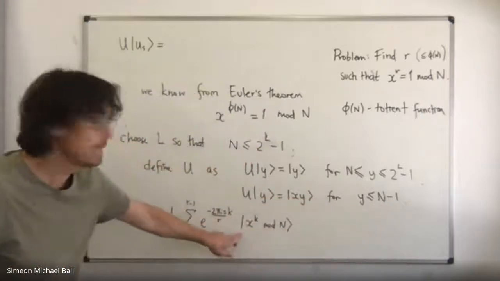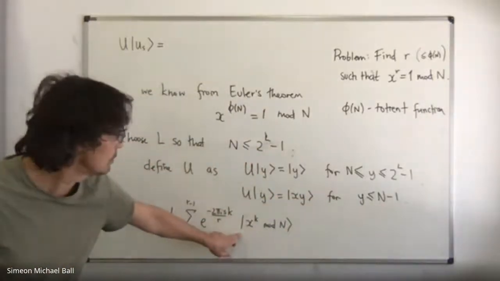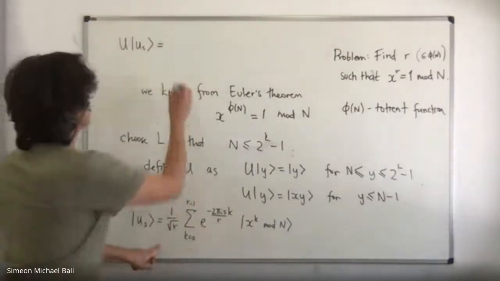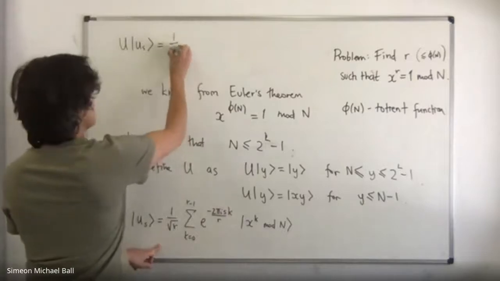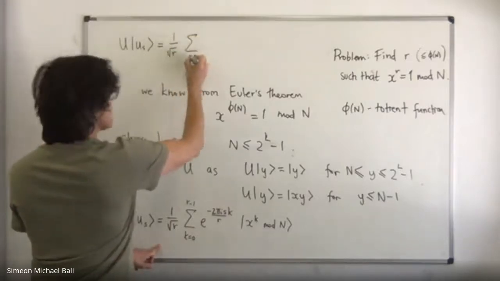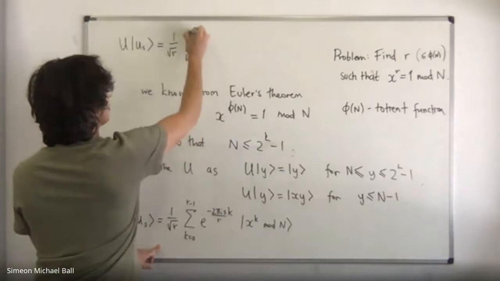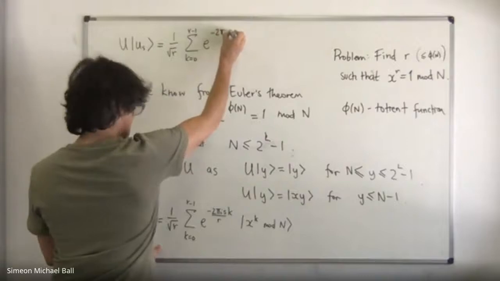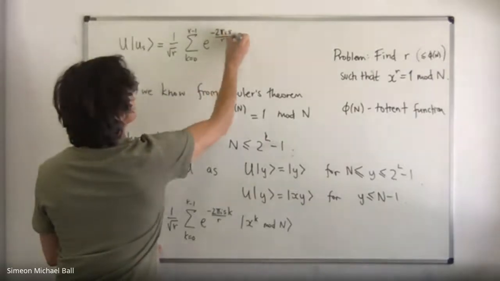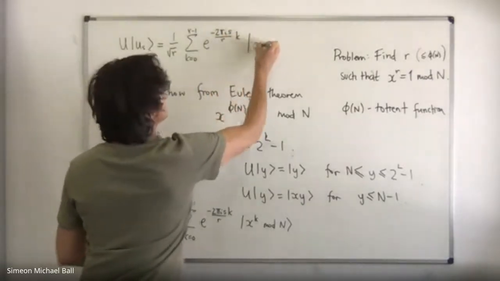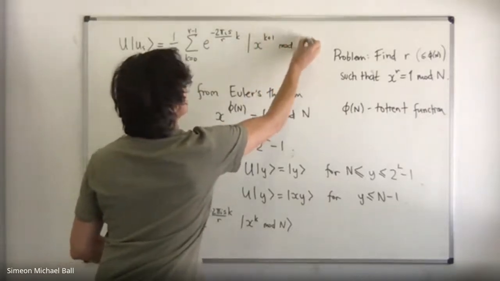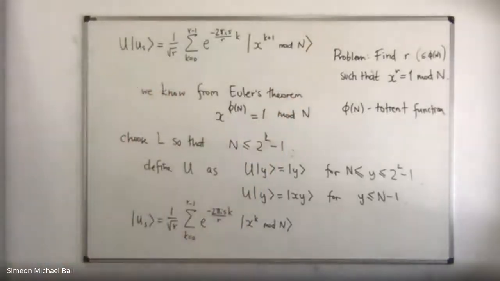So when I, by linearity, apply U, I have to multiply here by x. So I get 1 divided by this, none of this changes, and here I get x to the k plus 1 modulo n.